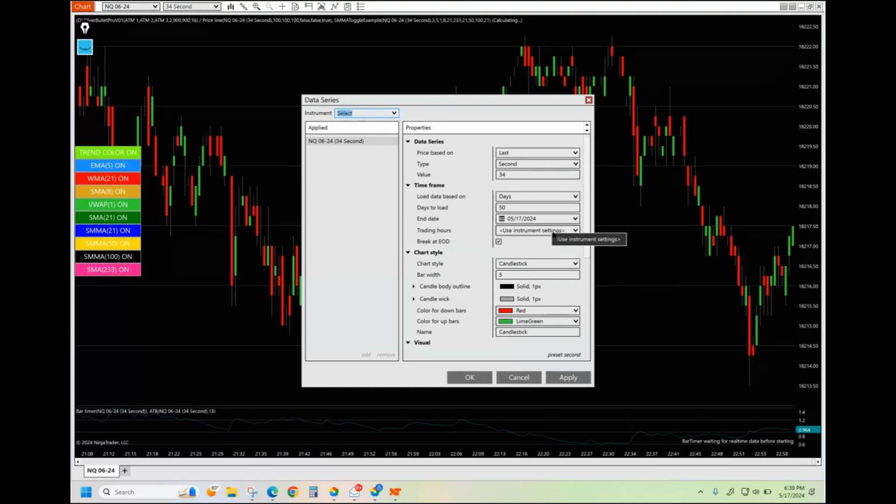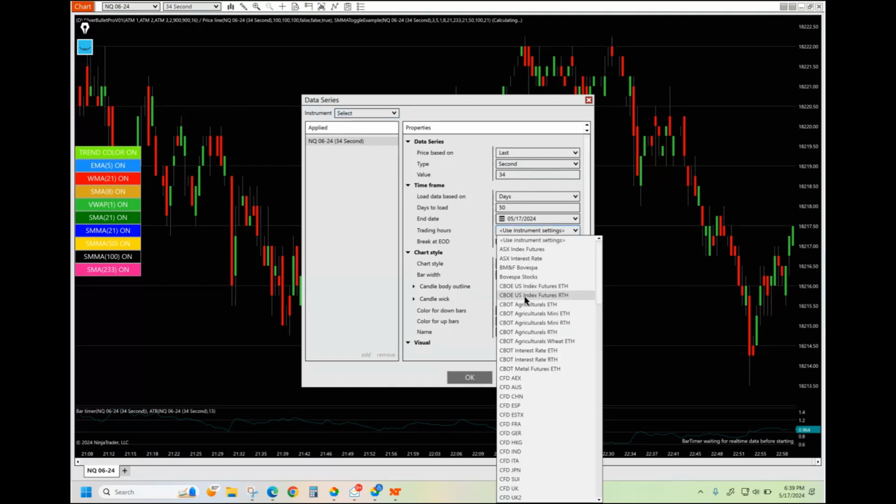So you can select trading hours as the default 23 hour window, or you can select CBOE US Index Futures RTH. RTH stands for regular trading hours. If you select this, you'll see data from 8:30 in the morning to 4 p.m. only. That's the regular day trading hours. If you use instrument settings, you'll see 23 hours of data.